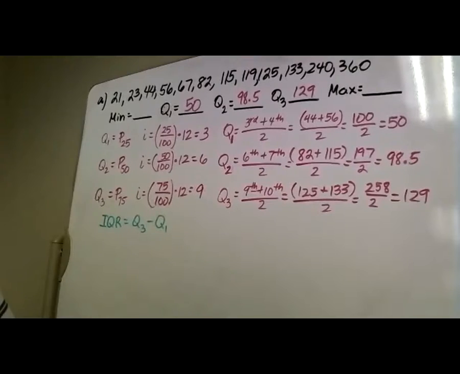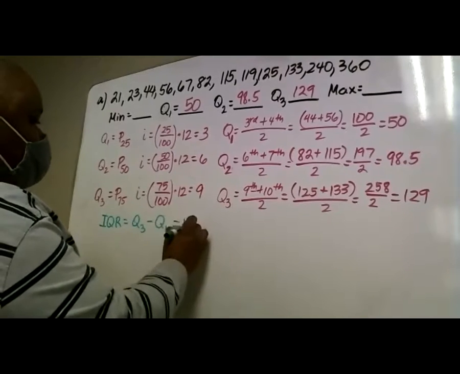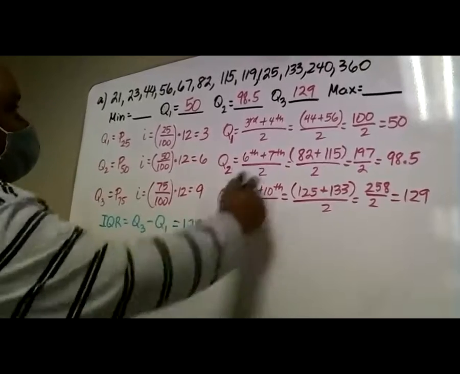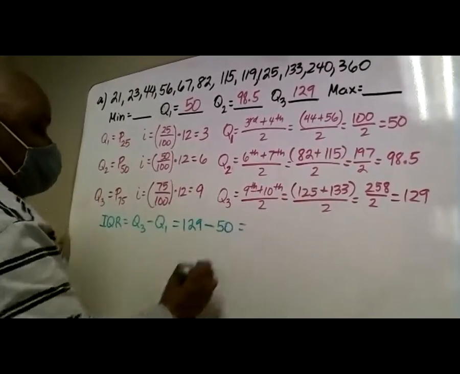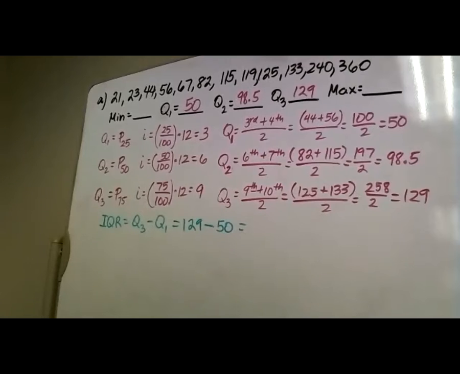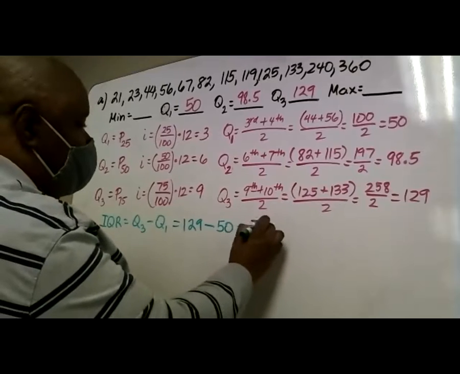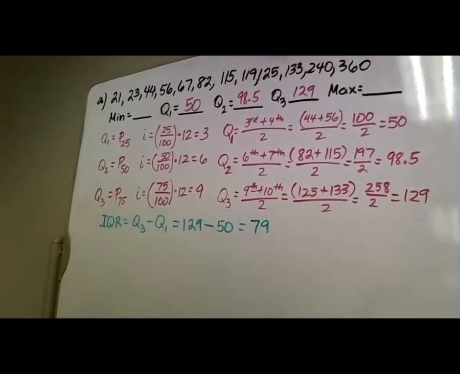That's Q3 minus Q1, the interquartile range. Q3 in this case is 129, minus Q1, that's 50. What's 129 minus 50? 79. That's the interquartile range.